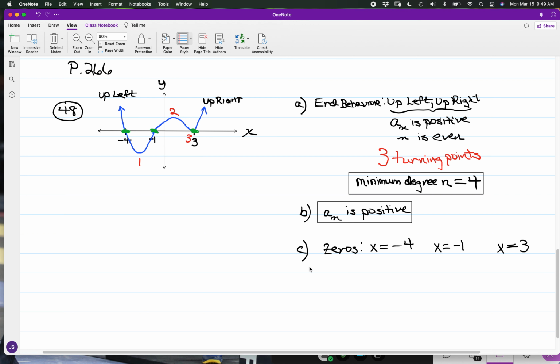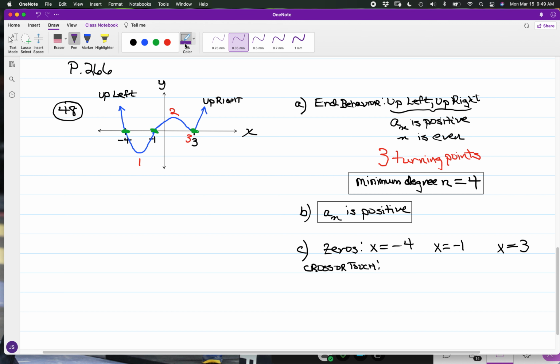Now for the behavior, in terms of crossing or touching, at -4 the graph is crossing. -1 is also crossing. And at x equal to 3, it is touching.